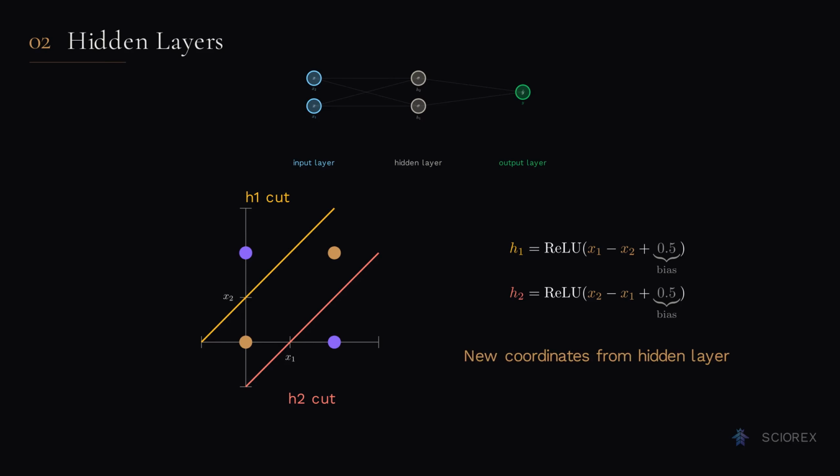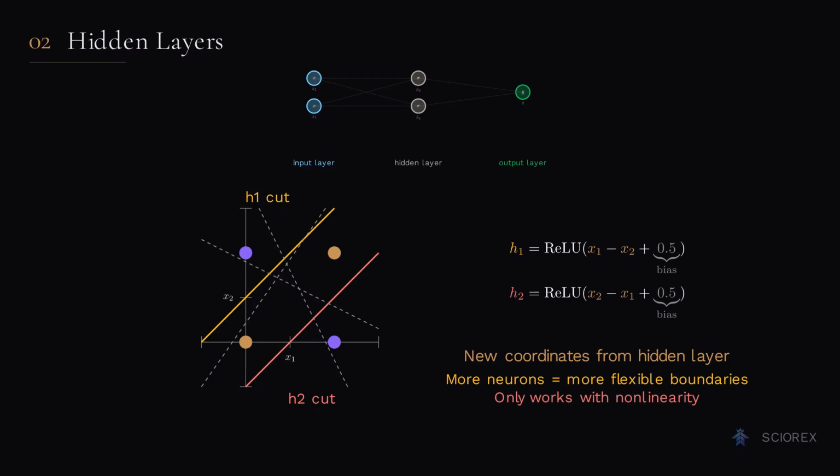The data has been redescribed in a new coordinate system that the network chose. Add more neurons, get more cuts. The combination of those cuts can approximate curves, corners, and complex boundaries. But there's a catch. This only works if we add one critical ingredient between the layers.